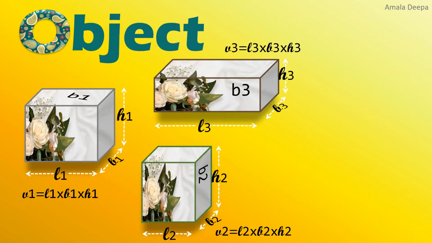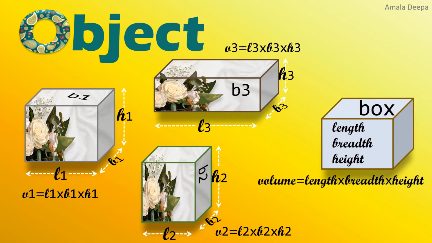Now, by applying encapsulation, I am going to create another object which is going to be common to all these objects B1, B2, B3. So here I have a common object called box, which has the same properties of B1, B2, B3.